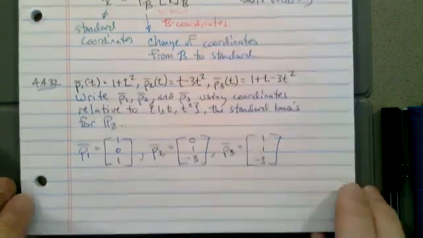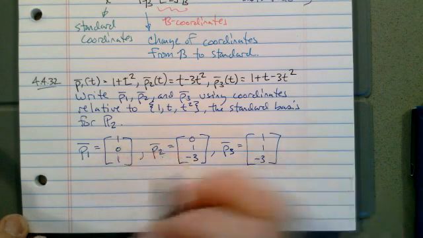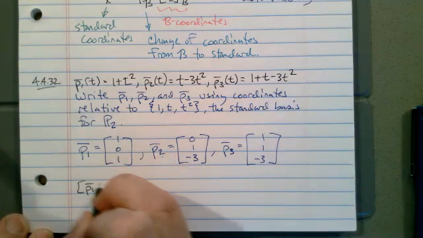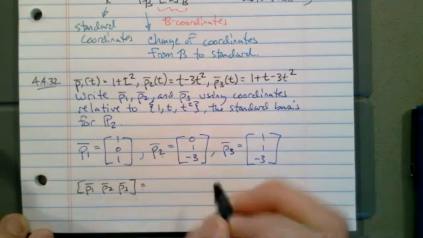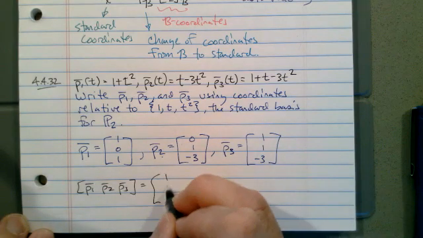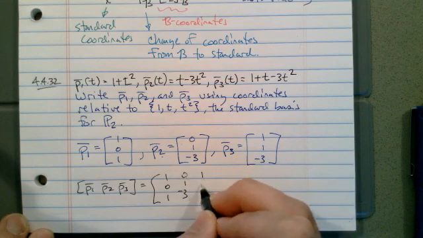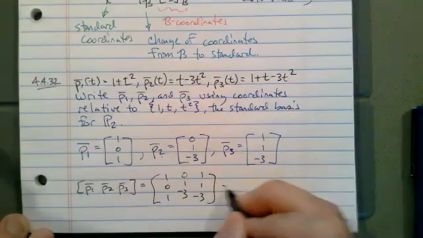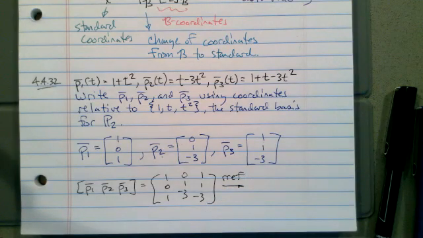All right. If I write the matrix made up of these vectors P1, P2, P3, so 1, 0, 1, 0, 1, negative 3, and 1, 1, negative 3, and find the reduced echelon form on our calculating machine.